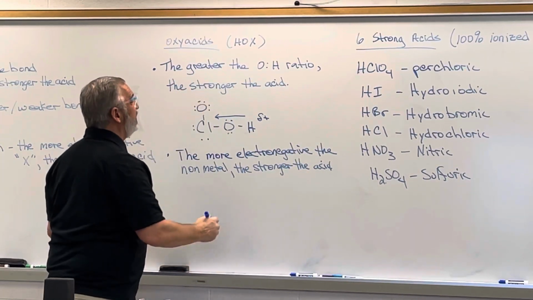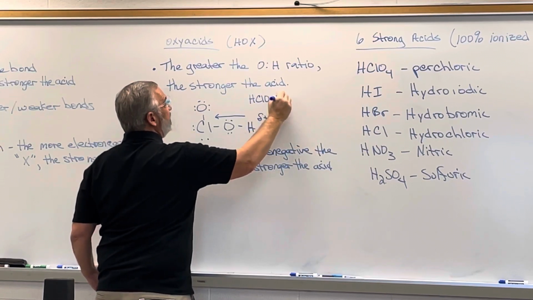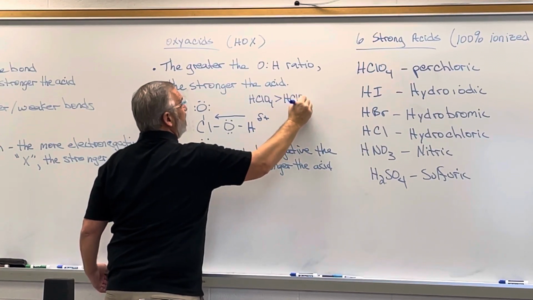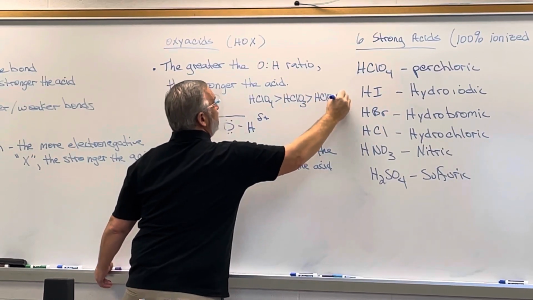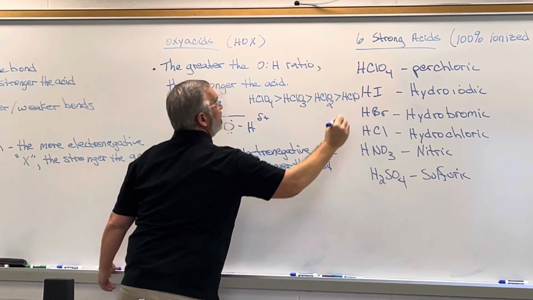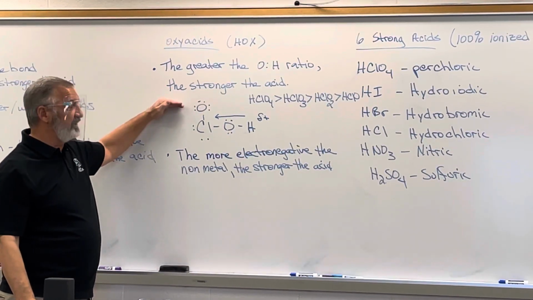Okay, and up here you might want to put HClO4 is greater than HClO3, which is greater than HClO2, which is greater than HClO. That's just in terms of the hydrogen to oxygen ratio.